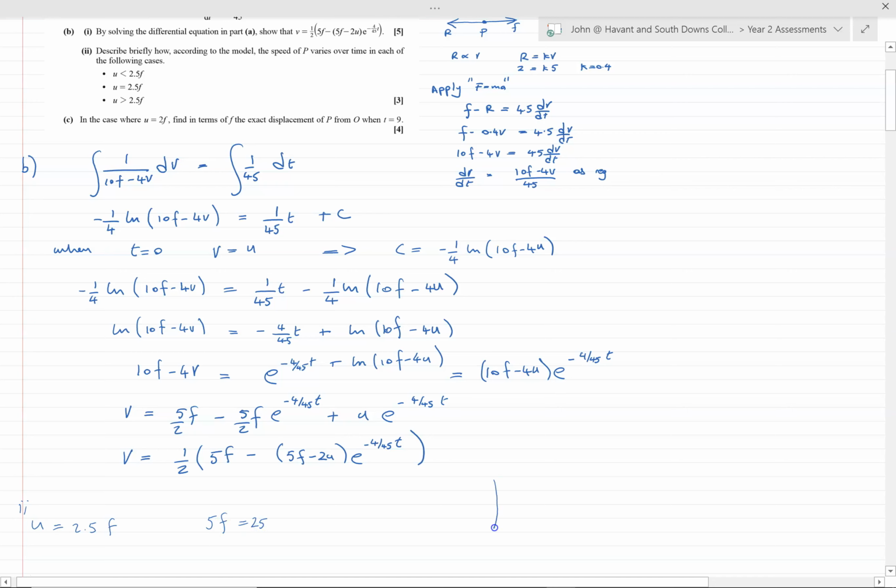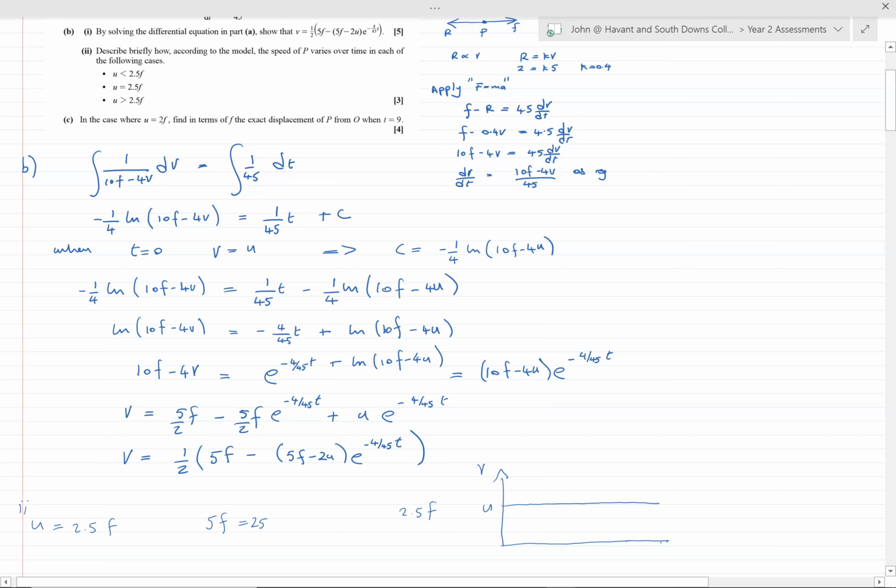So the graph of it, if we were to draw it in that way, because this bit would then be 0, so the velocity would be constant. And it would actually be equal to 5 over 2 f, but it would also be equal to u. So it would just be constant on u, or 2.5f, which is u.